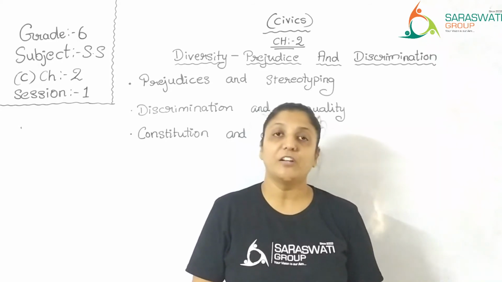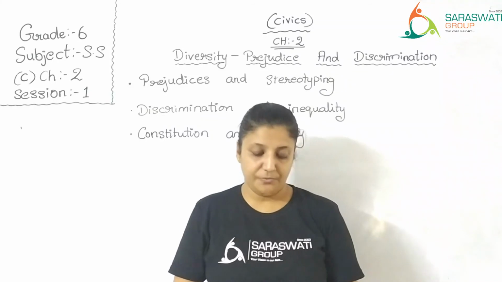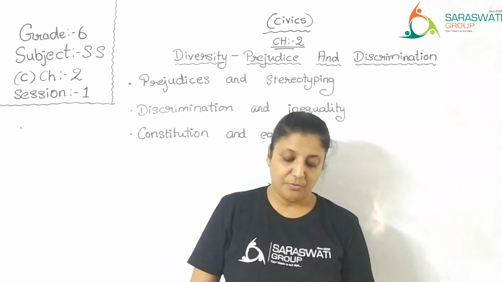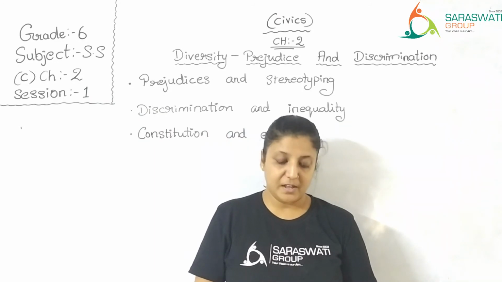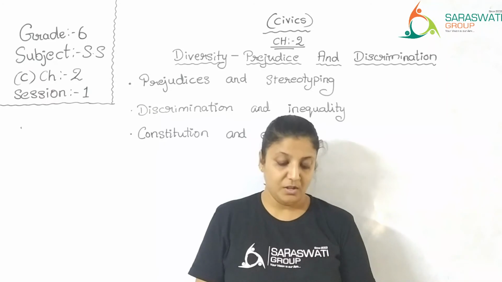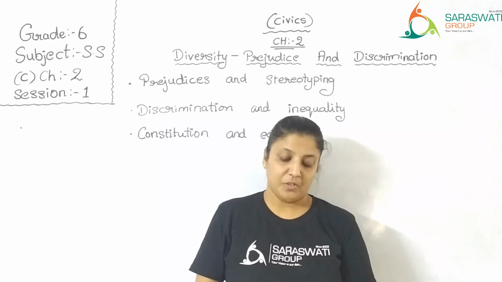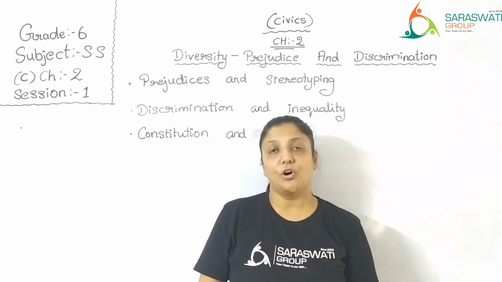Now, fighting inequality. We have to fight all these inequalities. In India, one of the reasons for discrimination and inequality is the caste system. Since earlier times, Indian society has been divided along caste lines, where people were placed in a hierarchical order.